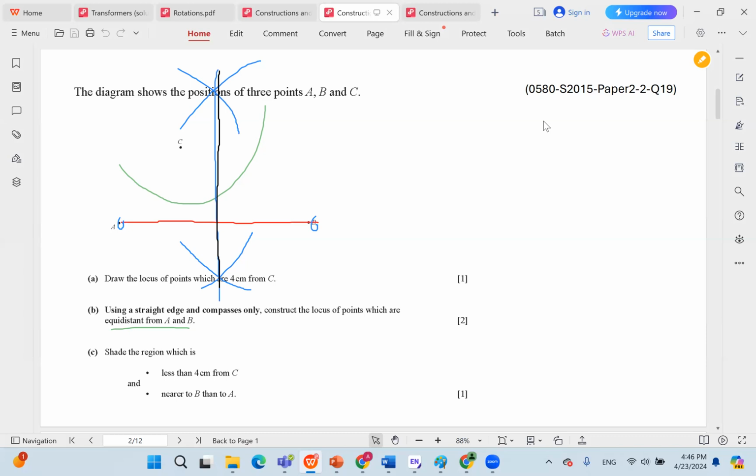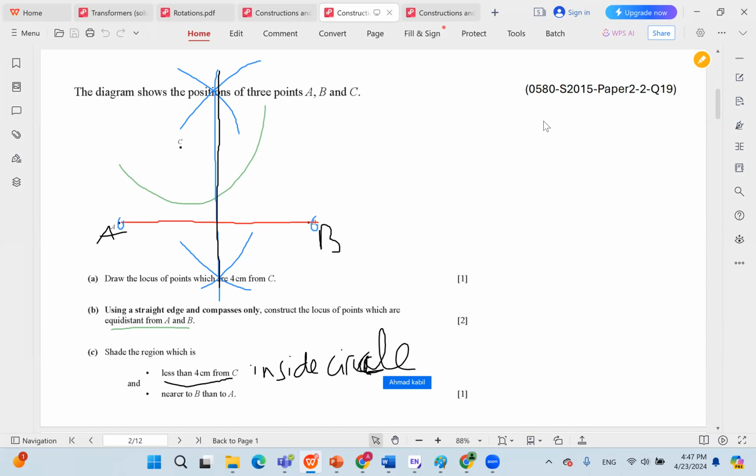C requires us to shade the region which is less than 4 centimeters from C and nearer to B than to A. So remember, this is A, this is B. Less than 4 centimeters from C means that it's inside the green circle. So it's inside the circle.